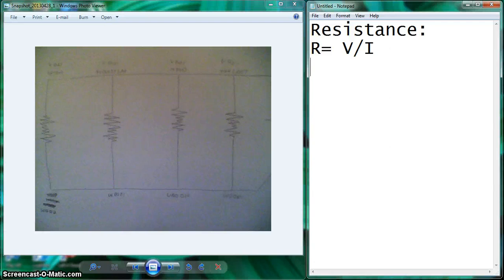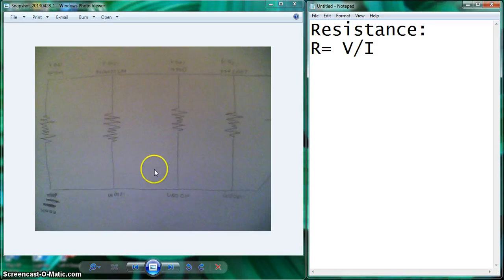Basically you just take the voltage of the appliance up here, which is 120 for all four, and the current, which we just found previously in the video, from the voltage times the current, which is the watts.